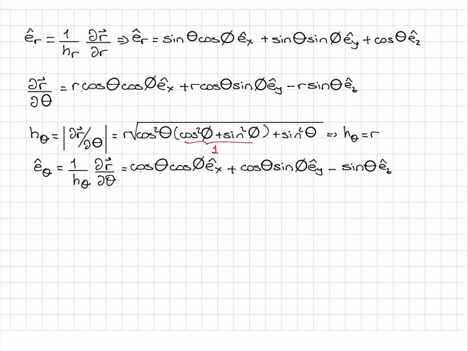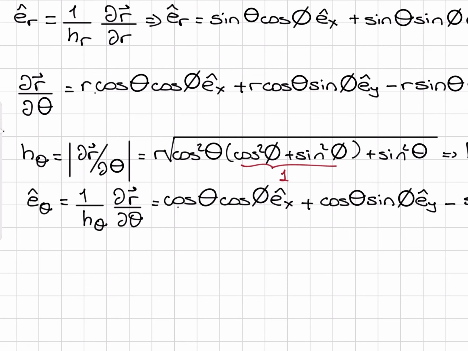Now I'm ready to work on the phi part. So let's take a derivative of the position vector r with respect to the azimuthal angle phi. So the first term was, remember, r sine theta cosine phi. The derivative of the cosine will give us a minus sign. So we will have minus r sine theta sine phi in ex hat direction.